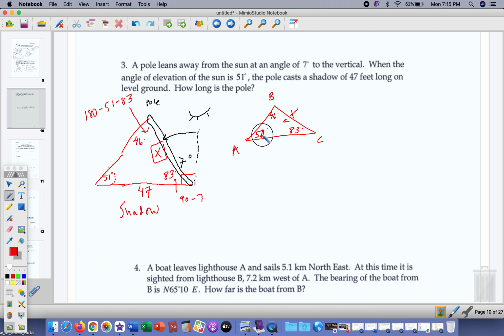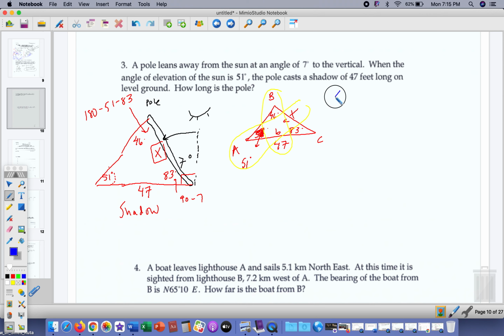This is 51 degrees. And we know that down here is 47. So we're going to need to work with little b because we have that side and angle, and we want to work with a because we want to find little a.